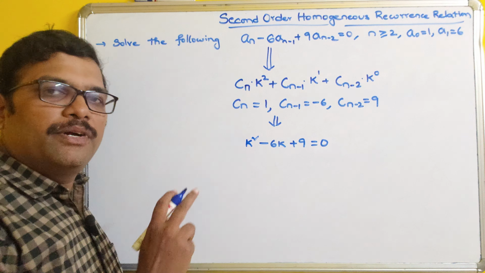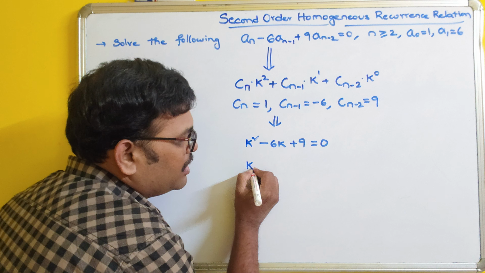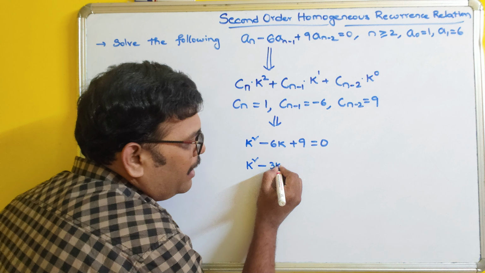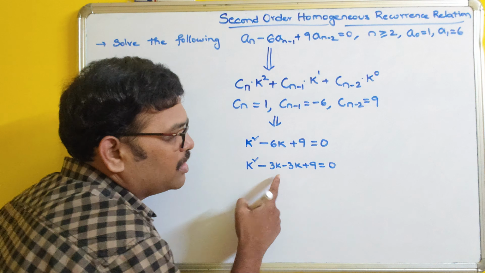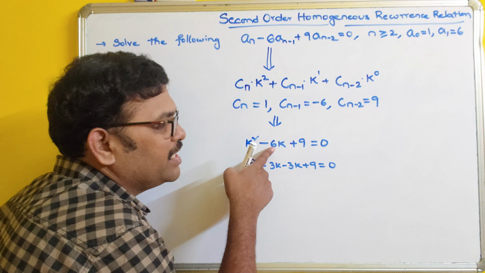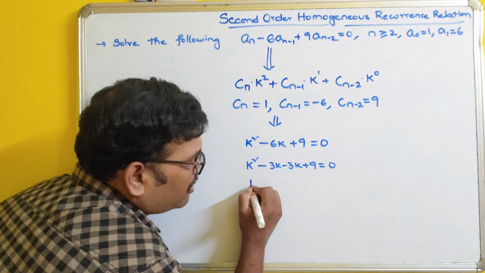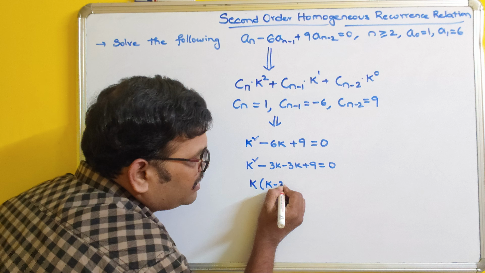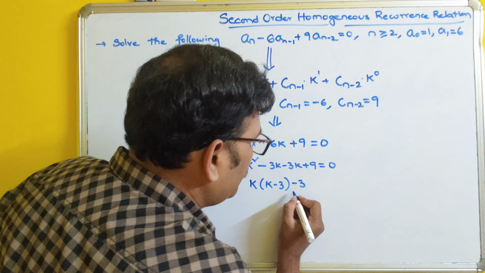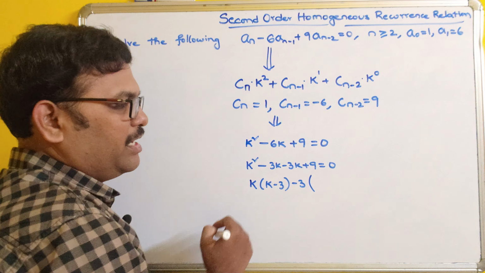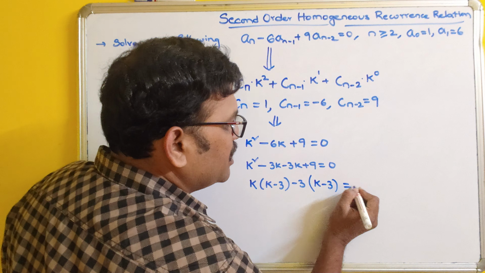Now in this equation we need to find the roots. You can write this as k square minus 3k minus 3k plus 9 is equal to 0, because if you add these two we get 6, and if you multiply these two we get 9. Take k as a common factor, k minus 3, and take minus 3 as a common factor, so it will be k minus 3 into k minus 3 is equal to 0.